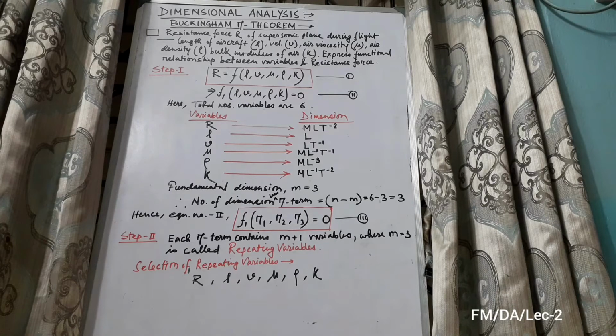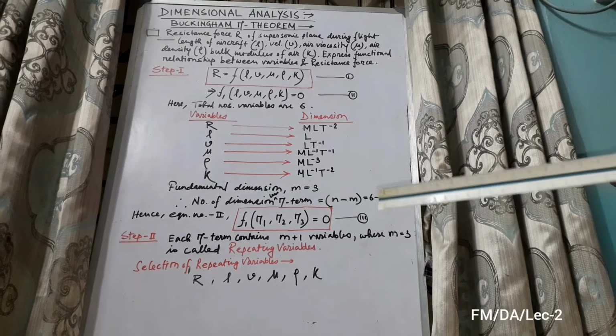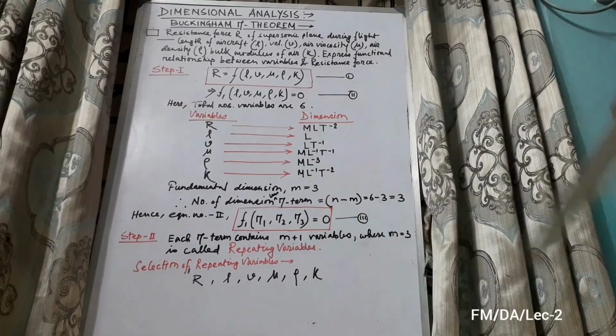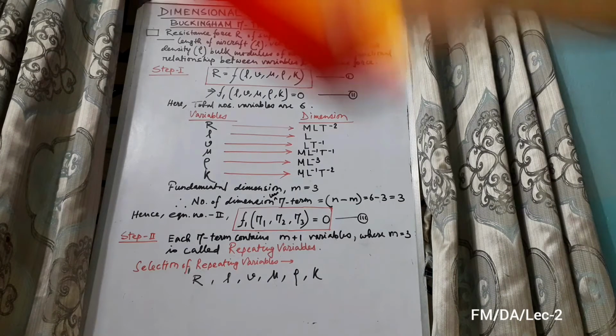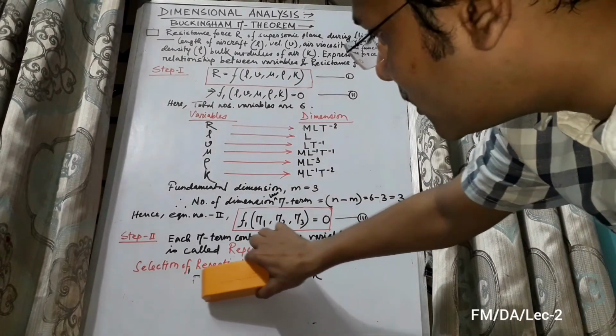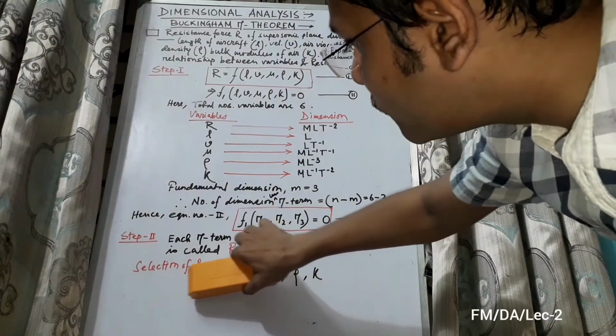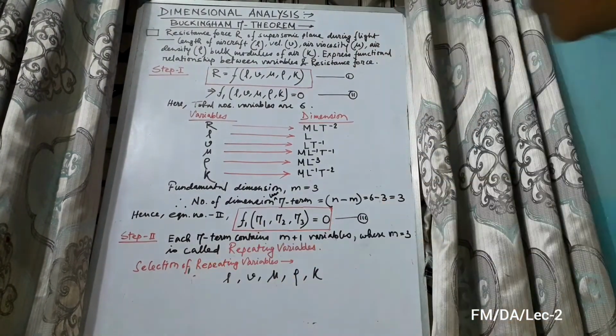When we discussed the selection of repeating variables, I also said that dependent variables are not selected as repeating variables. So R is not selected for repeating variables in this problem because it is the dependent variable.